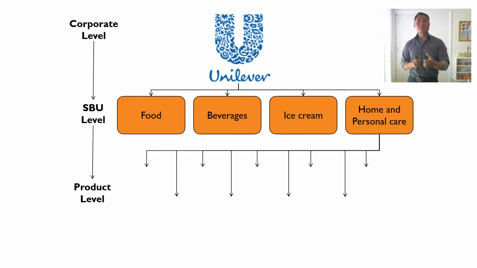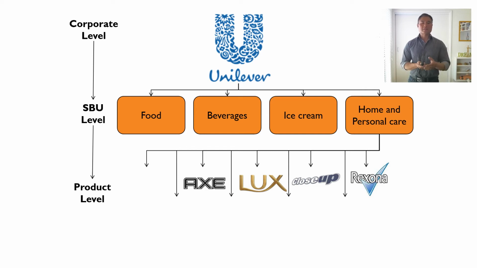And so when you guys go into the workforce, it's most likely you will start off at the product level, which means that you will be assistant brand manager to someone that might be brand manager of Rexona as a specific product within the Unilever home and personal care strategic business unit. Alternatively, you might get another job as assistant brand manager working for Close-Up, which is a brand of toothpaste that Unilever produce.